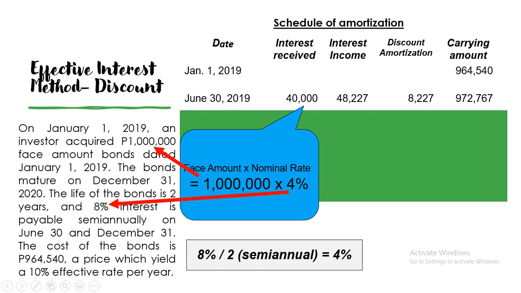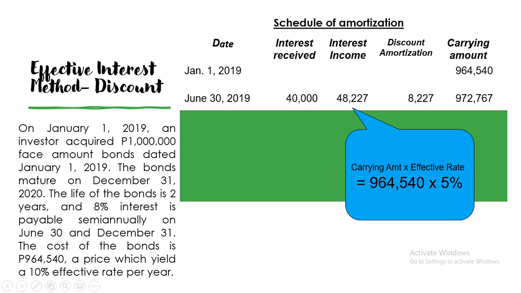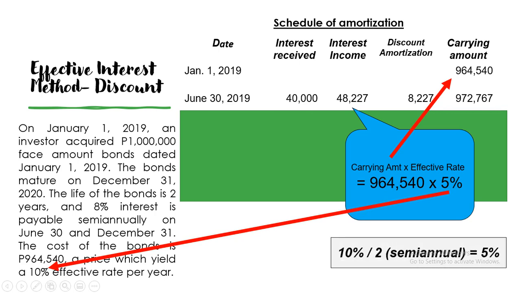So the rate we are going to use is 4% for the nominal rate. Now for the effective rate, the interest income is the carrying amount multiplied by the effective rate. So 964,540, the carrying amount, times 5%, which is the effective rate for semi-annual, since 10% is the annual rate divided by 2.